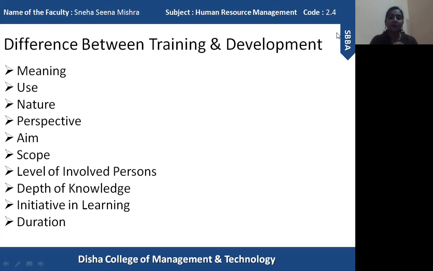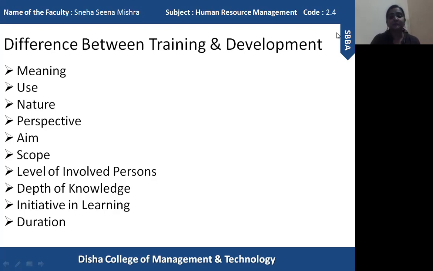It is used for improving or developing the employees. The overall growth of the employee is more important; it is used for developing an employee from an overall aspect. So that is the different use of training and development. Training is used for a specific job, but development is used for overall growth and development of the candidate.